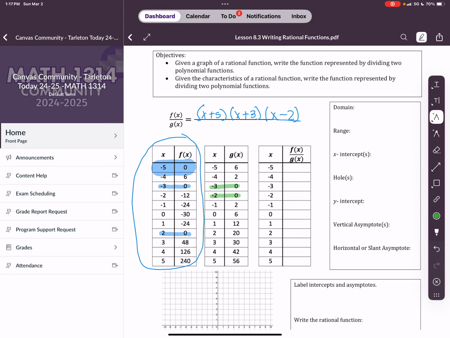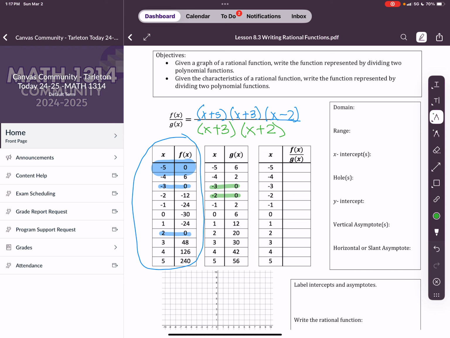The way we would write our factors, where it says -3, I would write that as x plus 3. And where it says our x-intercept is -2, I would write that as x plus 2. Okay, so that's going to be how I find my factors of those two equations there that will then give us our equation of the overall function itself.